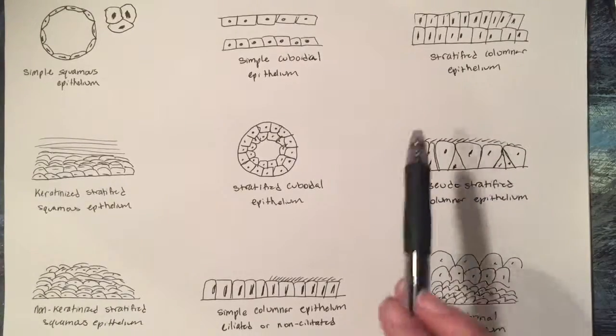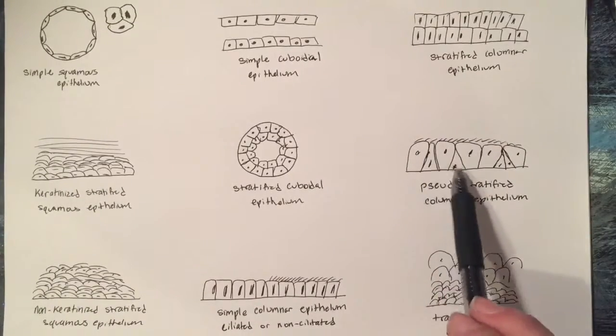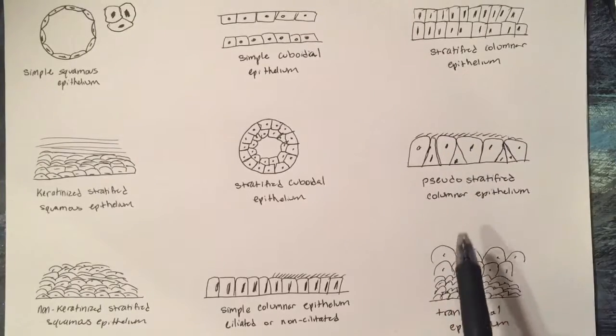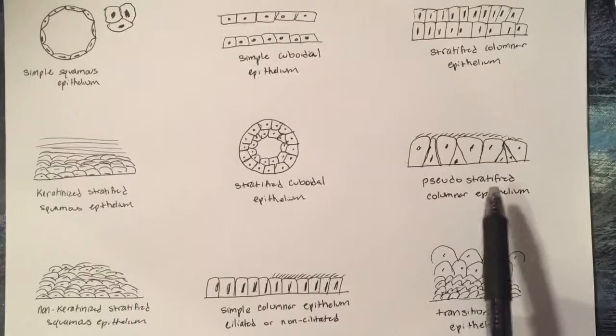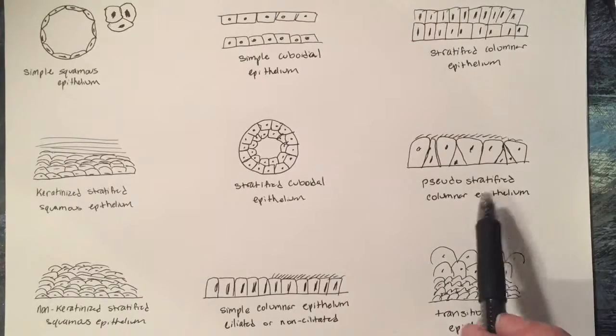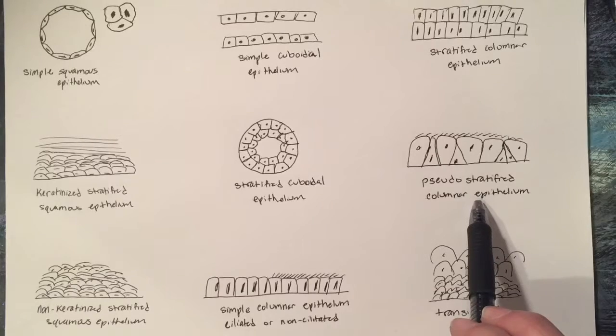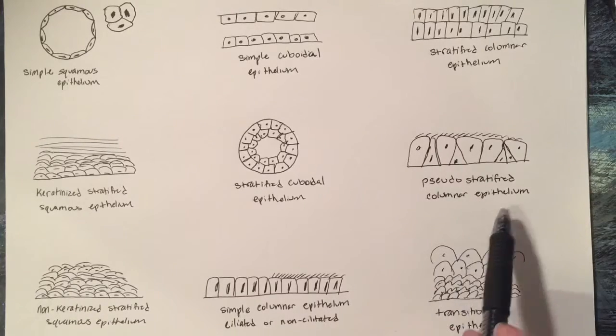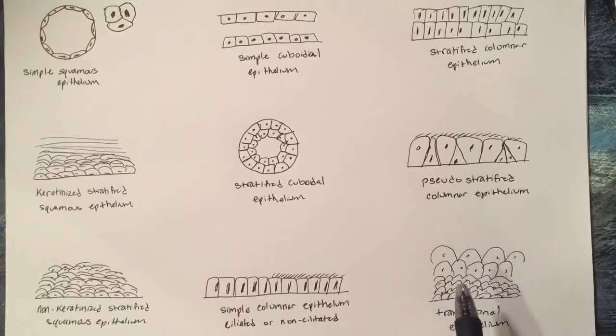So these are all simplified drawings, and so you can see that these don't quite reach, so it looks like there's 2 layers, and they'll have the same kind of elongated looking nucleus as the other columnar. The final one, pseudostratified, is found in the respiratory tract and the epididymis and different parts of the male urethra as well.